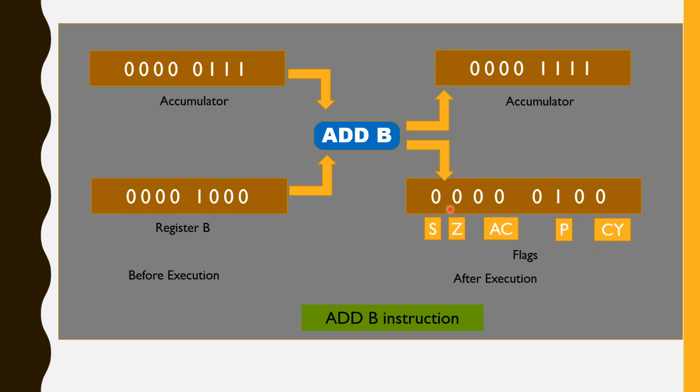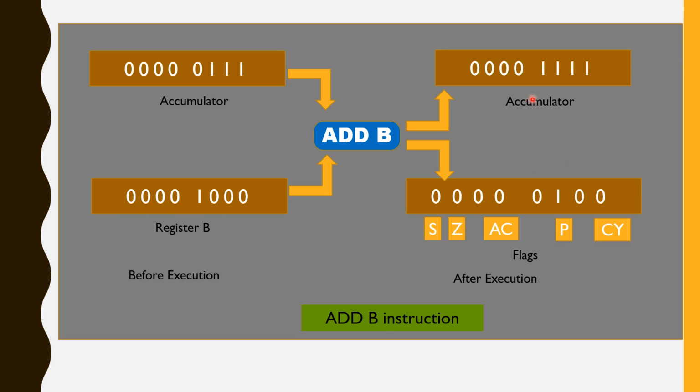Whenever I add these two registers, the accumulator contains a positive result, and whenever the result is positive, the sign flag remains reset, that is 0. Whenever the result is negative, the sign flag will turn to 1.